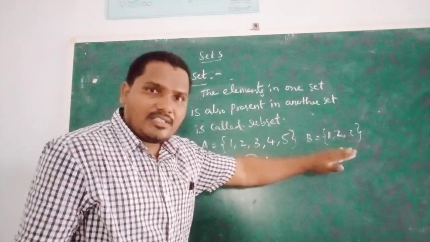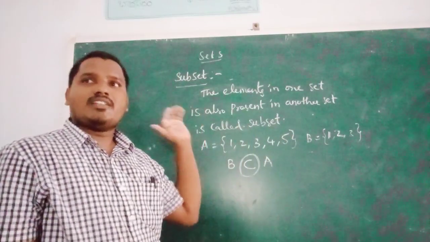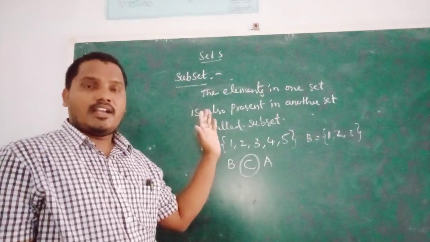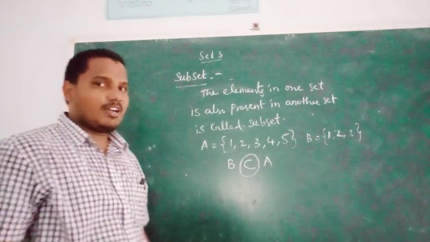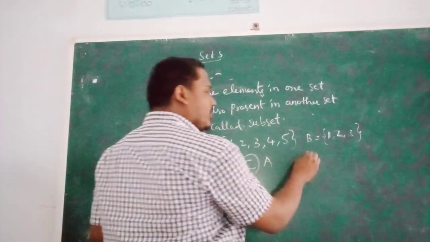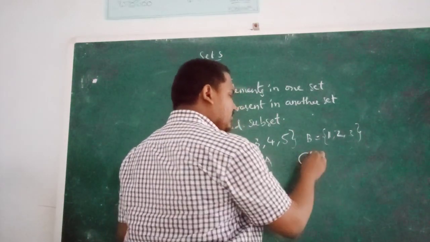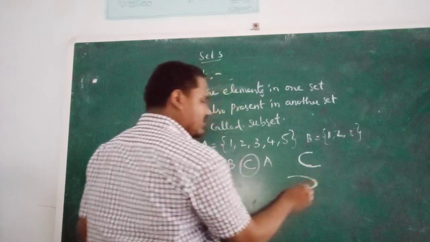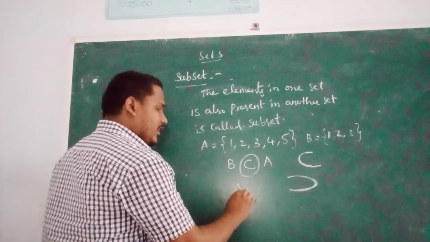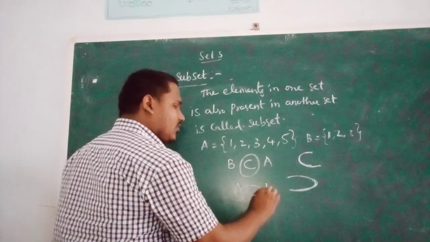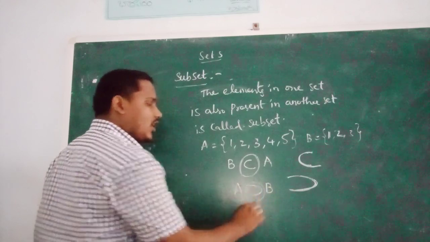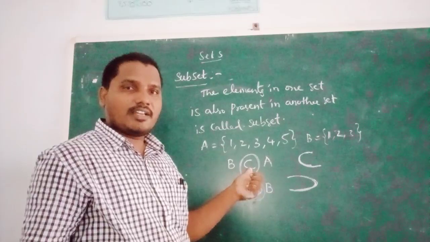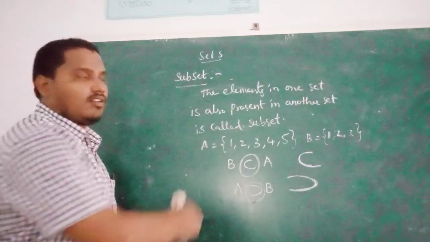Here, the elements in one set are only present in the other set, and then that set is called a subset. Subset can be represented with this notation, and superset with this notation. It can also be represented as A is a superset of B. This is the subset notation, and this is the superset notation.